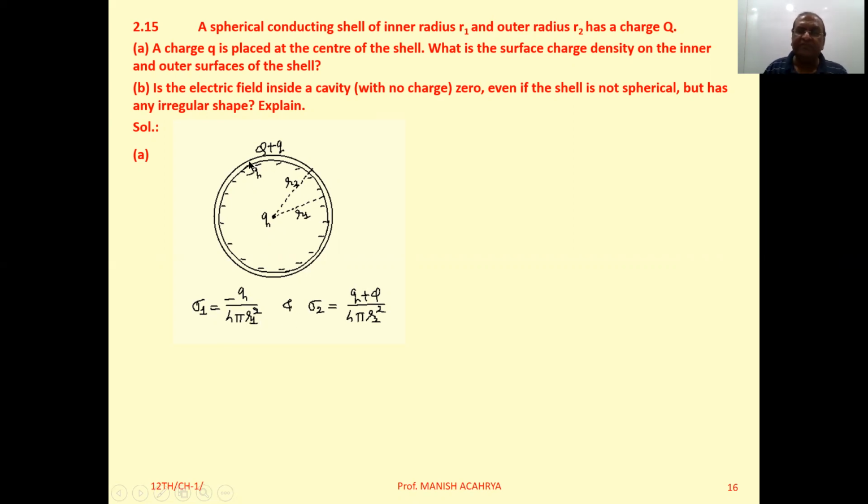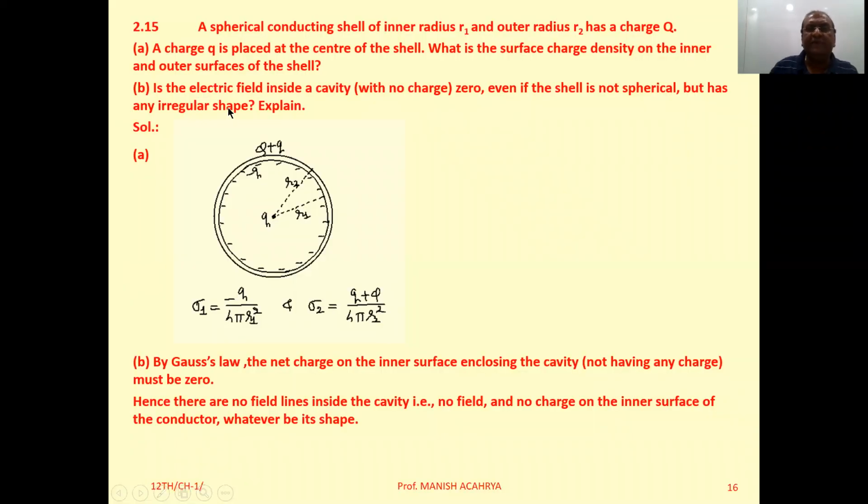And surface charge density at outer shell, sigma 2, is equal to charge on the outer shell, that is small q plus capital Q, upon the surface area of outer shell, that is 4 pi r2 square. Clear up to this one?